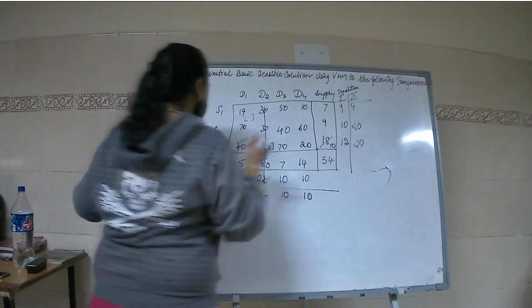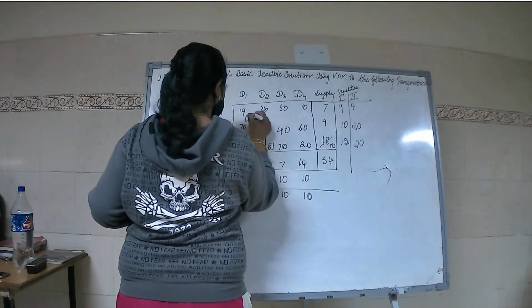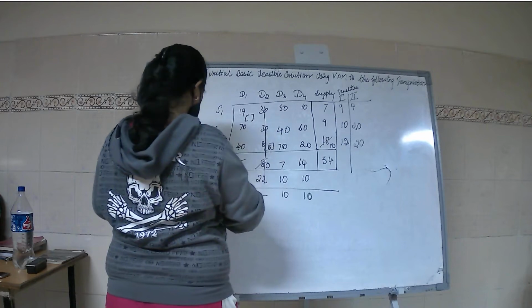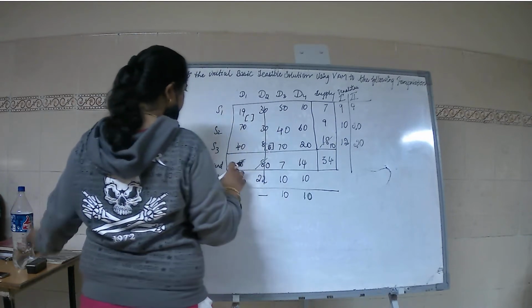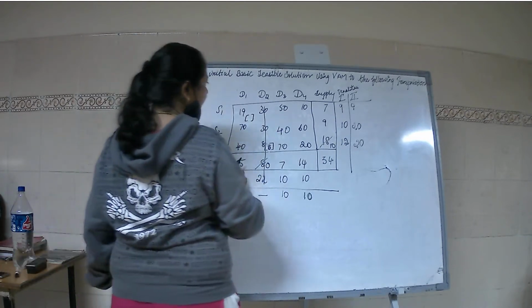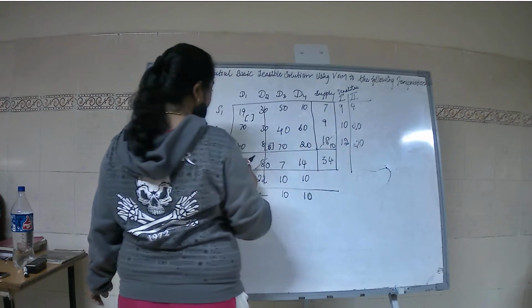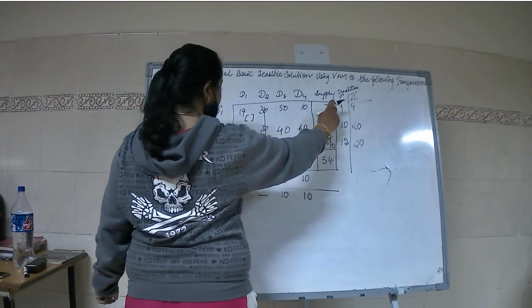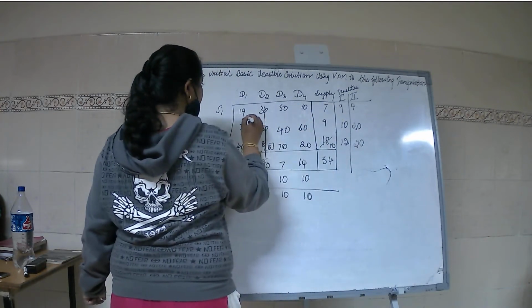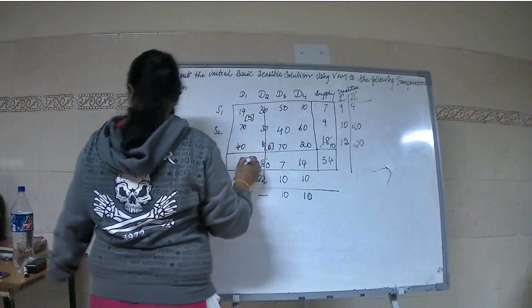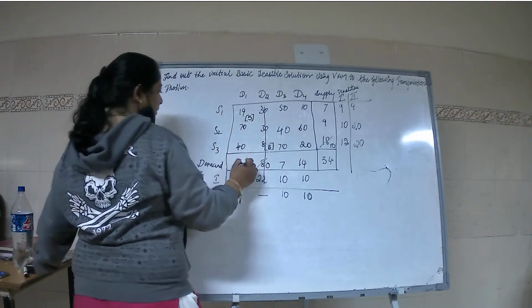Once I put the allocation, students, I need to check demand and supply. Demand is 5, supply is 7. So the minimum is 5. I make it 0.